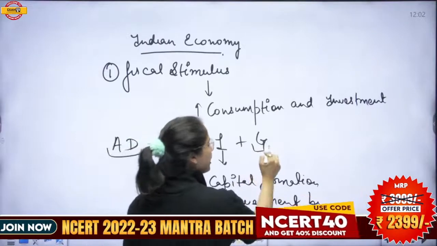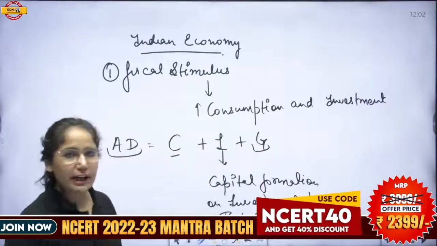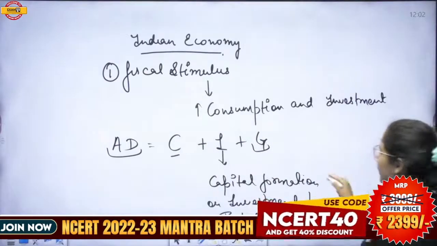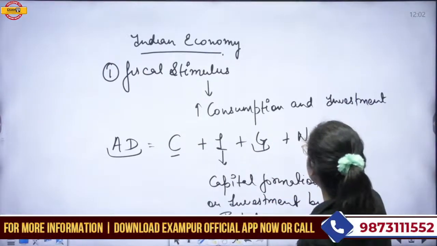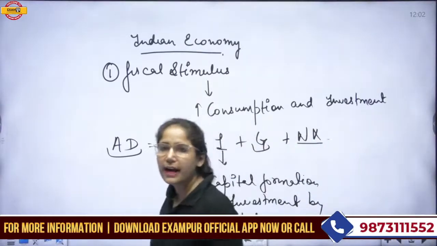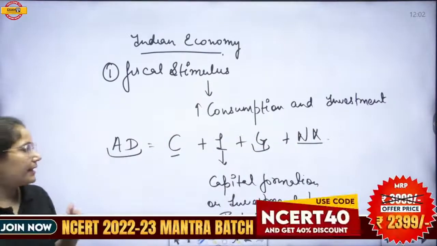Plus G is all about government expenditure, whatever investments are being made by government in expenditure. Then the net export.